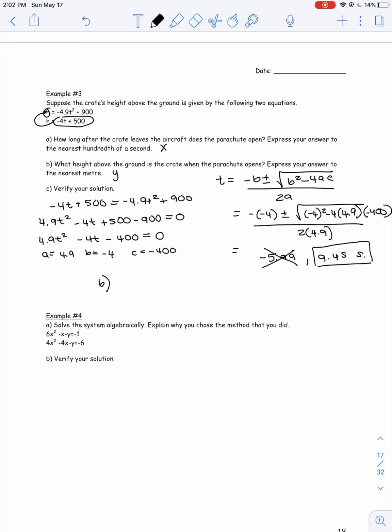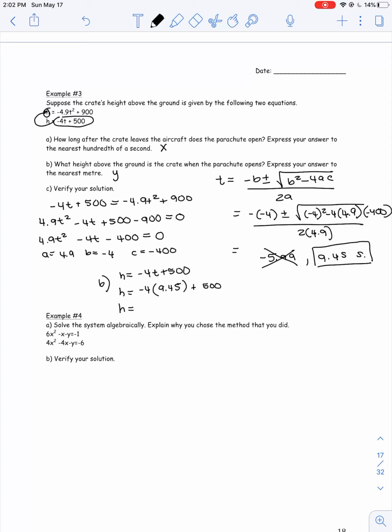Now, once we find the time, we can use that to solve for b. So b is where you plug in 9.45 into either the first equation or the second one. So we can plug it into the second one because it's faster. So we know that h is equal to negative 4 multiplied by 9.45 plus 500.